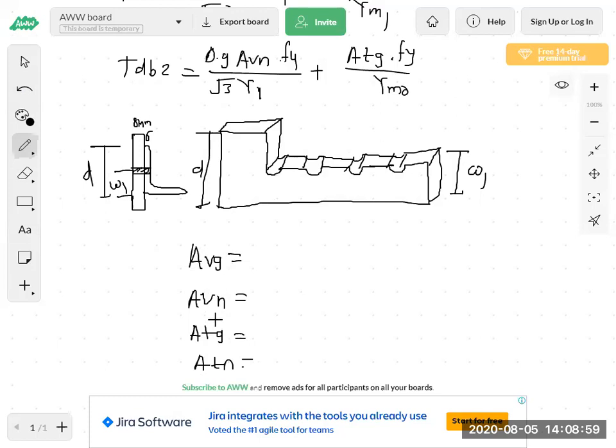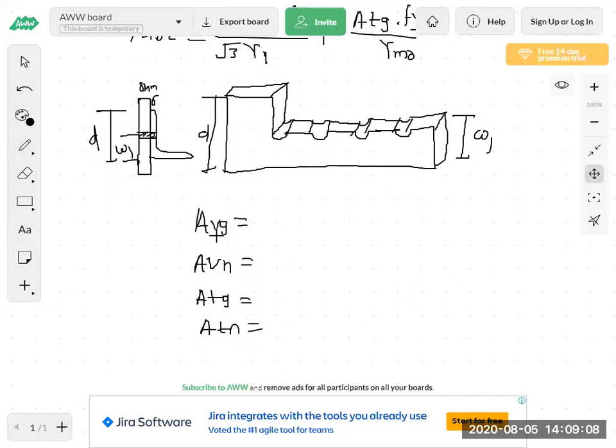See AVG, AVN, ATG, ATN ते कुठे फॉर्म्युल्यात कुठेही असू द्या, सिरियली you have to calculate this way only. बघा फॉर्म्युल्यामध्ये हे कुठेही असू द्या, but you have to calculate AVG, gross area in shear, first, net area in shear, gross area in tension and net area in tension. In this way you have to calculate. ते दोन्ही फॉर्म्युल्यामध्ये ते कुठेही असू द्या. AVG 4 नंबरला असू द्या आणि ATN 1 नंबरला असू द्या. But follow this procedure. AVG first, gross area in shear, net area in shear, gross area in tension and net area in tension. Are you getting?